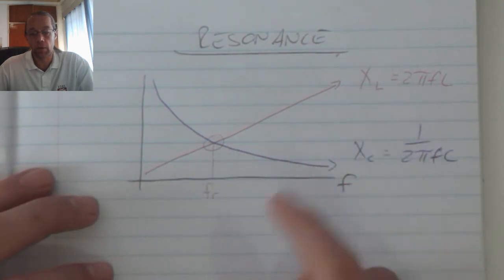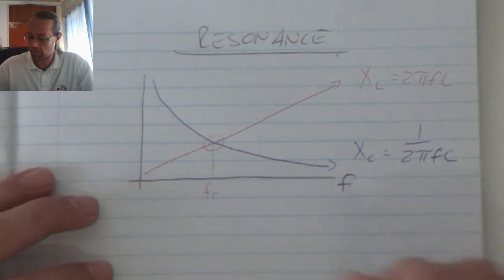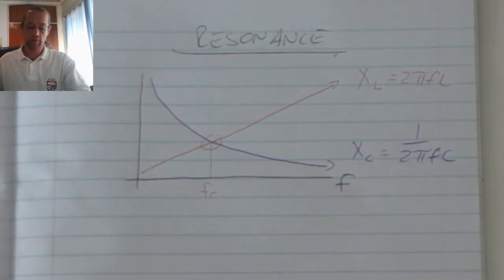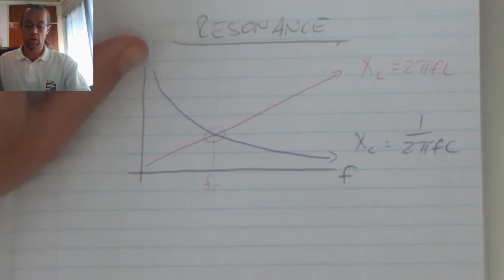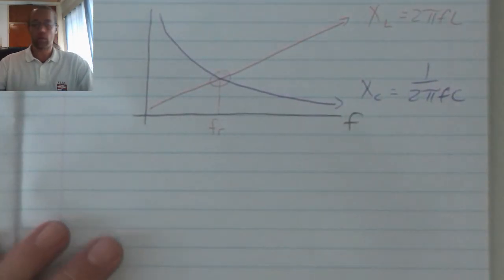Conversely, in parallel, we will have a minimum amount of current due to the maximum amount of impedance that is generated. At resonance, because the inductive and capacitive reactances are equal, we will have a phase shift of 0 degrees. So we can either say that the circuit is at resonance or the circuit is at unity.